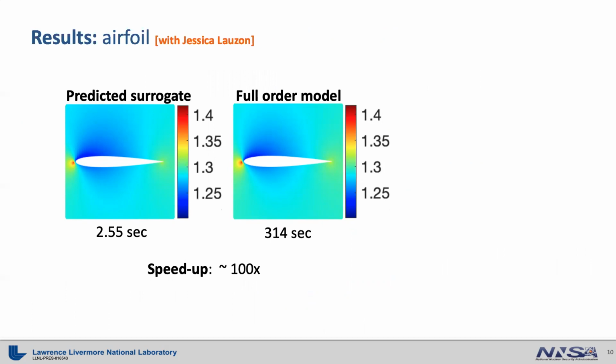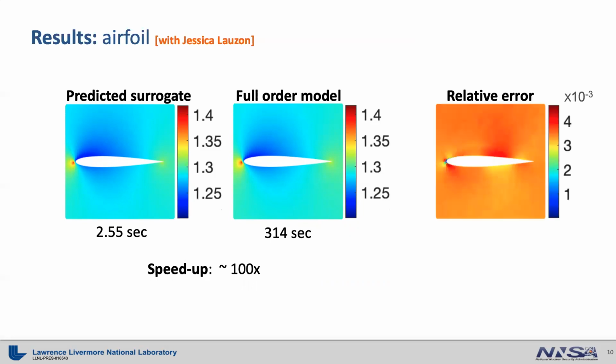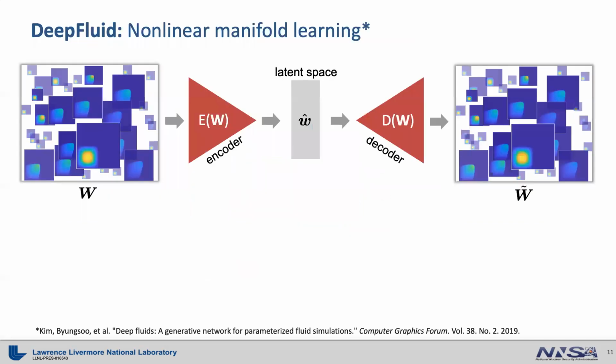As you can see, the predicted surrogate model and full order model solutions are identical in eyeball norm, while the surrogate model takes only 2.55 seconds, but the full order model takes 314 seconds, giving us a speed up of around 100 times. Quantitatively, the relative error is less than 1% everywhere. Not bad, right?